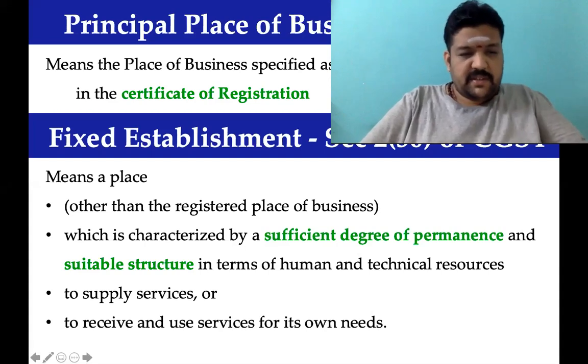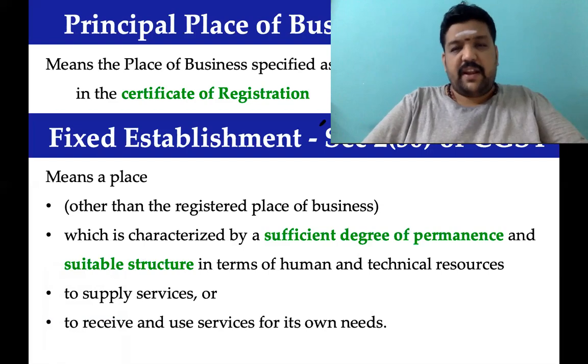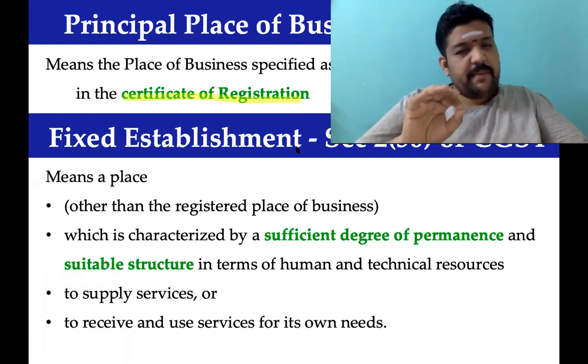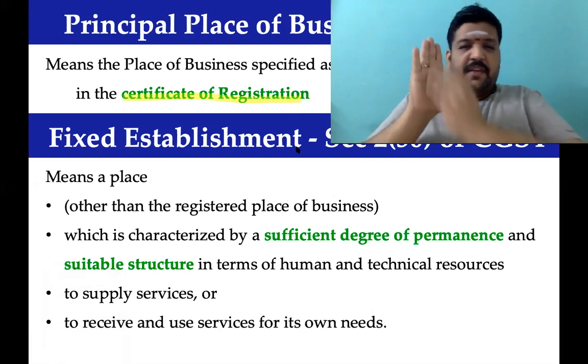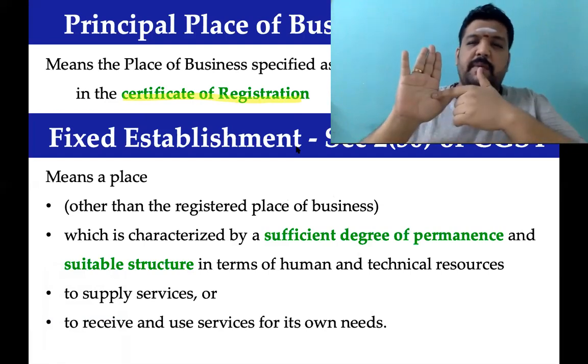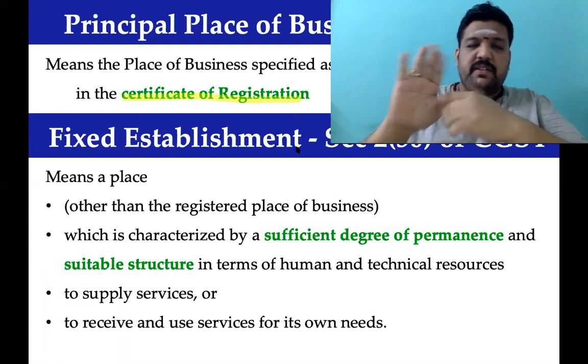The place of business mentioned in the certificate of registration would be treated as the principal place of business. Let me remind you, on the face of the GST certificate of registration, one address will be mentioned. That is called the principal place of business.